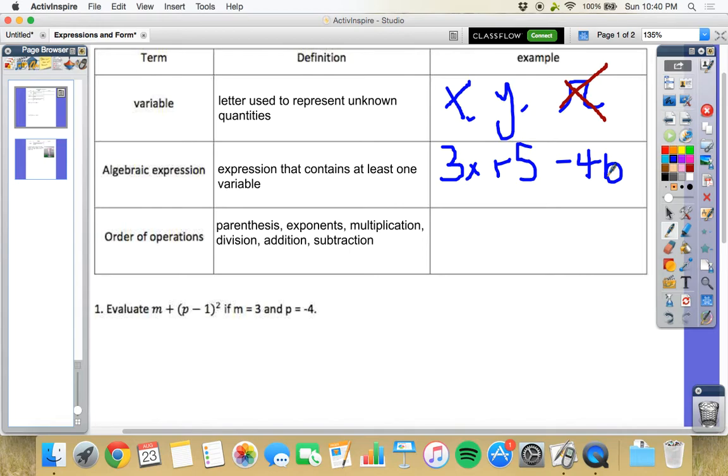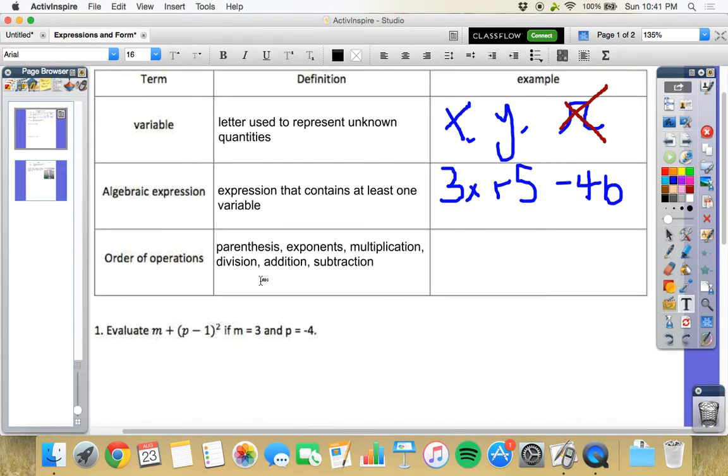The order of operations tells us how to evaluate an expression. It goes parentheses, exponents, multiplication, division, addition, subtraction. You may have commonly heard the phrase PEMDAS to refer to the order of operations.